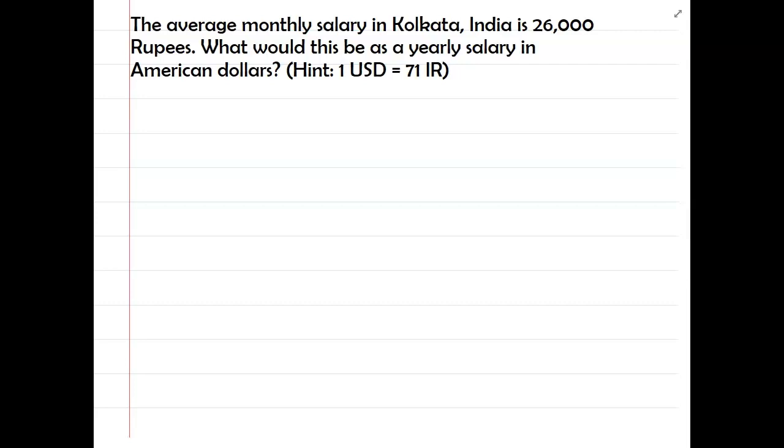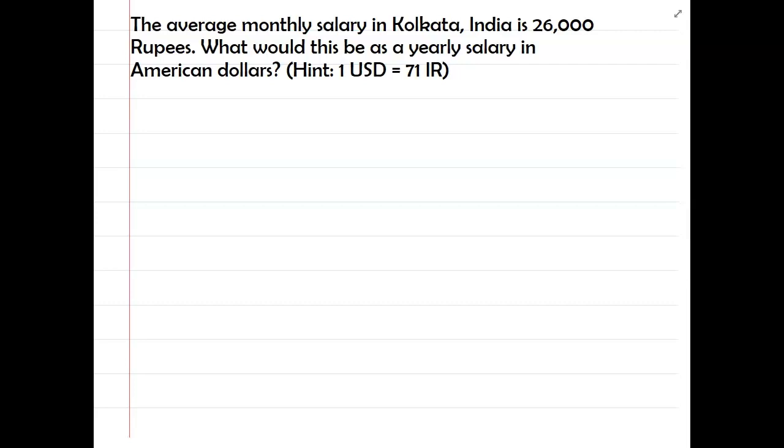Any St. Teresa of Calcutta in here? Nobody? Okay. So in Calcutta, India, where Mother Teresa did a lot of her work, the average monthly salary, how much they take home a month, is 26,000 what they call rupees. That is their currency. Okay. I want to know what this would be as a yearly salary in American dollars.